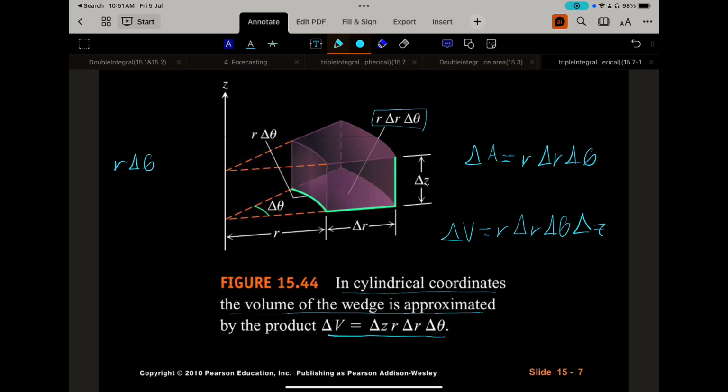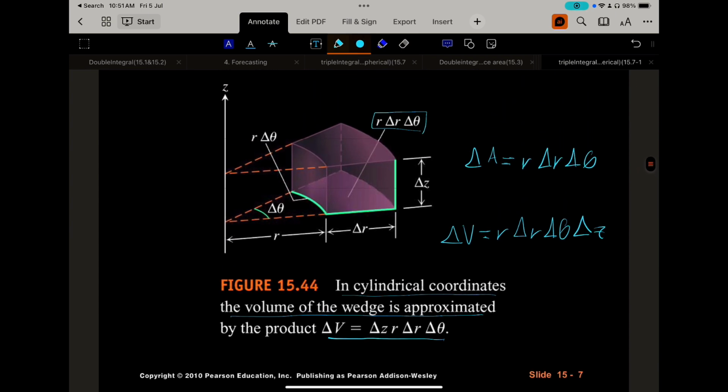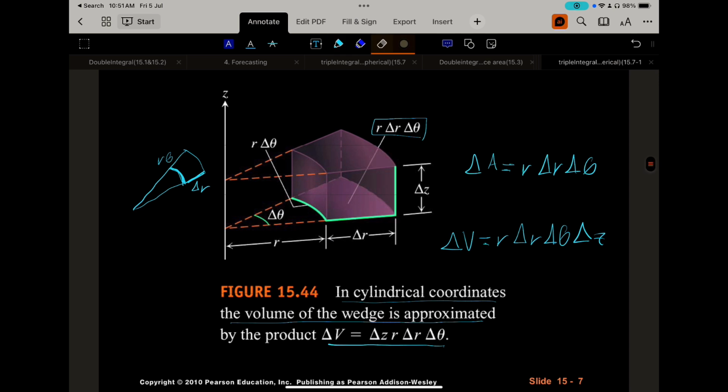We're going to approximate this by r delta theta. This is the length of this arc. Multiply it by delta r, which is basically this length. So that's r delta theta, the length of the arc, and that is our delta r here. And then this is in 2D, and it's just going to be multiplied by the height delta z, and it's going to give us the approximation of the volume.